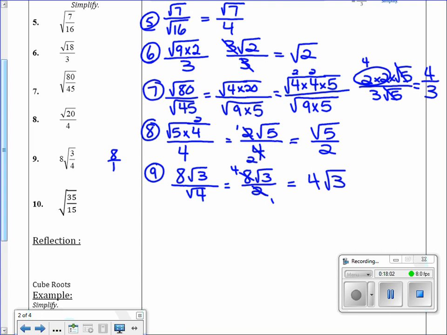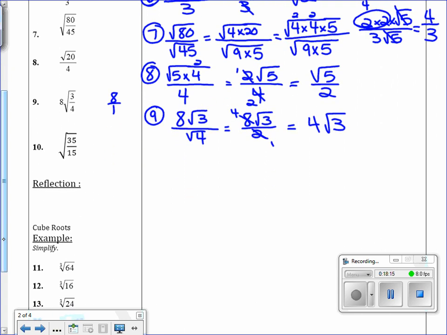Okay, for example number 10, this is where we're going to start dealing with our third condition. No radicals can appear in the denominator of the fraction. So when I'm looking at 10 here, I have the square root of 35 over the square root of 15. And before I do anything, I want to go ahead and reduce this fraction, because 5 goes into 35, 5 goes into 15.